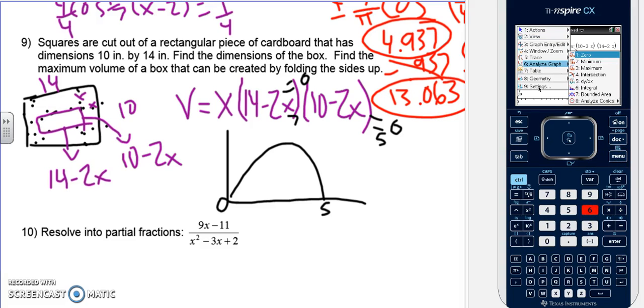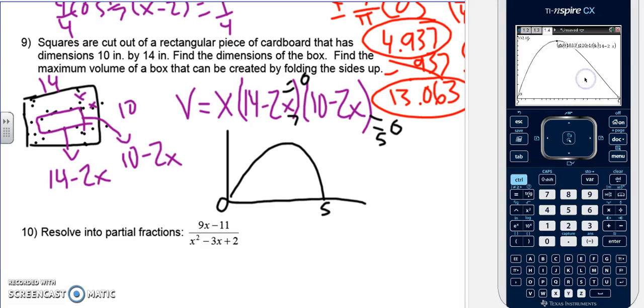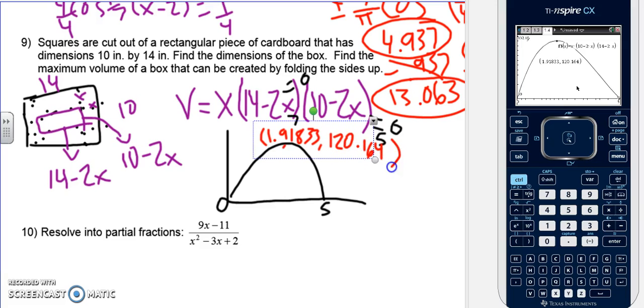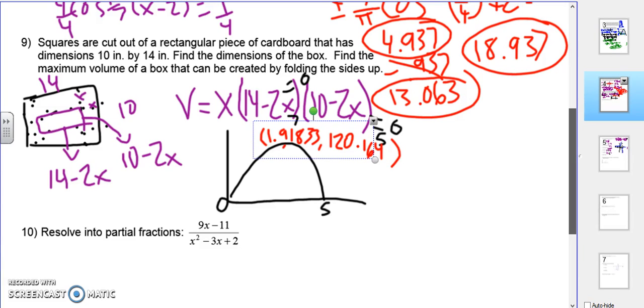Menu, analyze graph maximum, there to there. Now I can't see it, so I'm going to move it out of the way. So I need to label that on my graph. So I have 1.91833, that's my x value, and then 120.164. That's my volume.